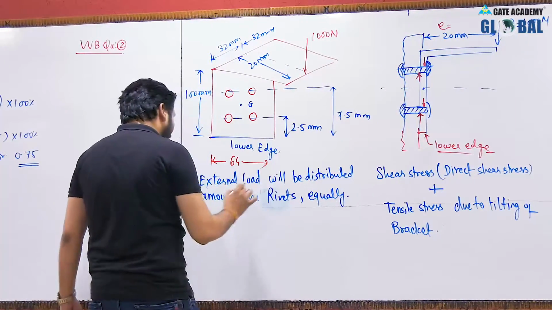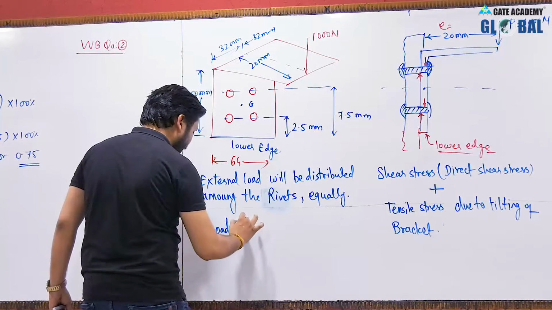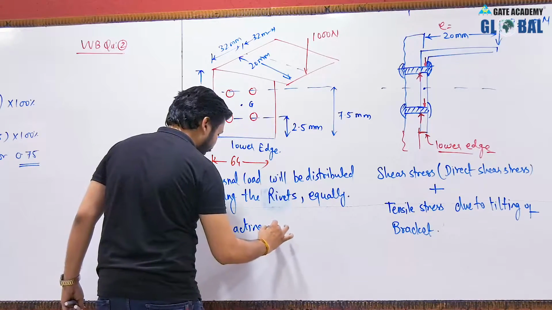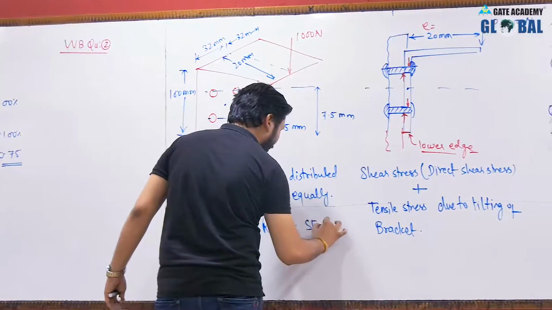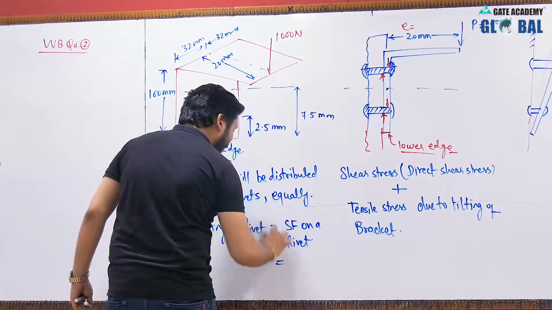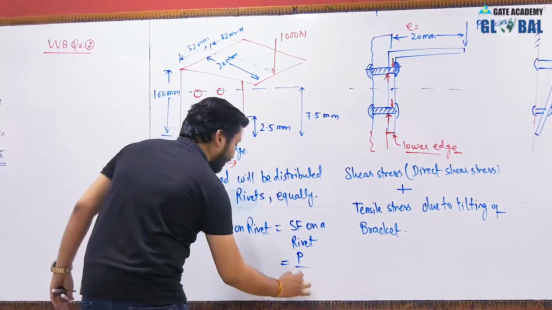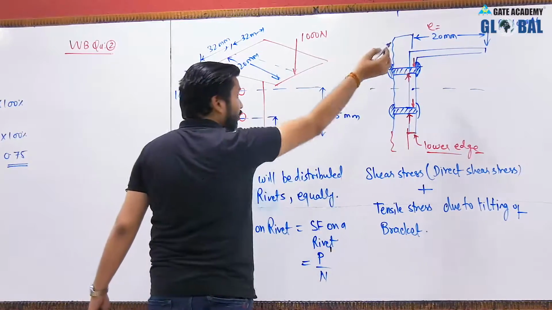So the load acting on the rivets is equal to the shear force on a rivet. So shear force on a rivet will be equal to the load divided by the number of rivets. There are 4 rivets in the connection and we are having a total load of 1000.